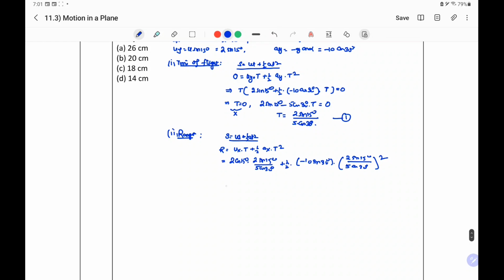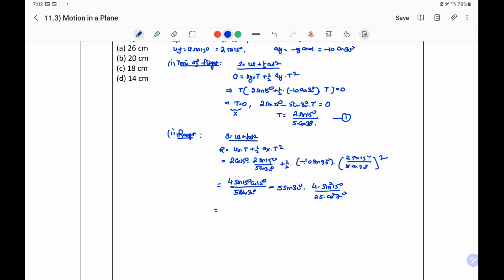And now we solve it. It will be equal to, this is 2 and this is 2, into 2, 4 sine 15 degree cos 15 degree by 5 cos 30 degree, plus, and this plus minus minus, and then 10 by 5, 10 by 2, this will give 5 sine 30 degree into 4 sine square 15 degree by 25 into cos square 30 degree.